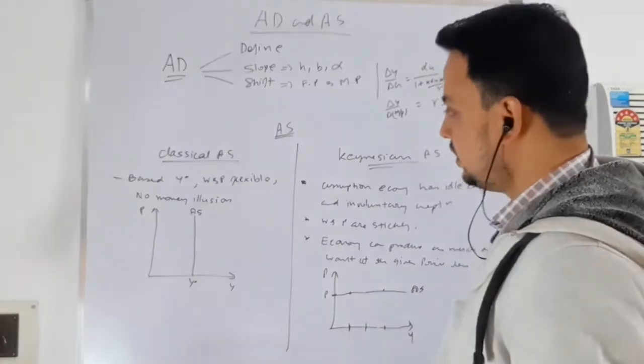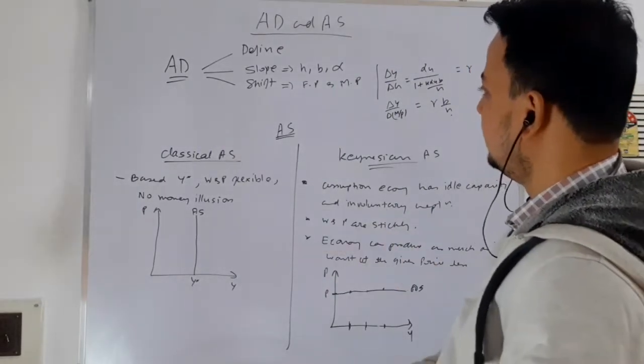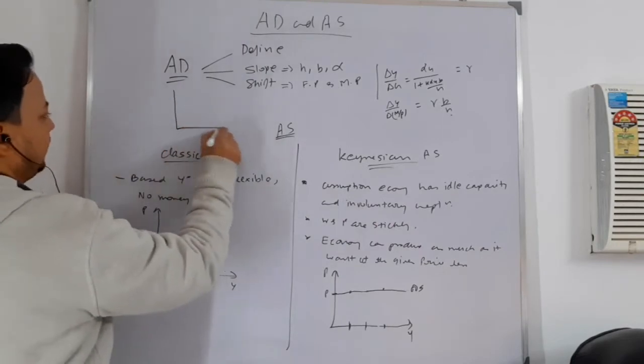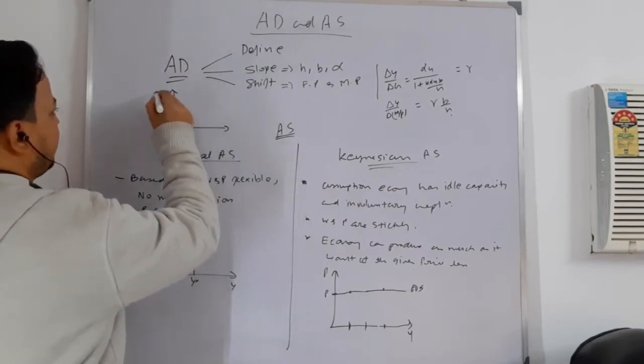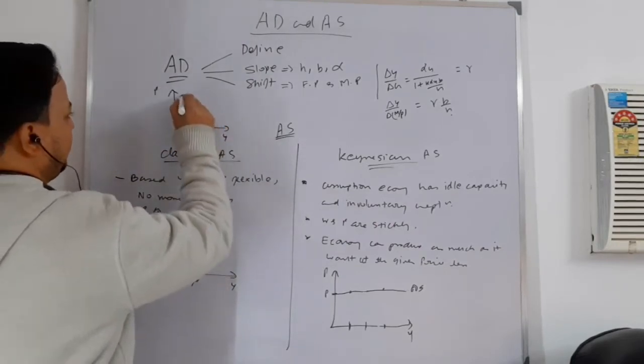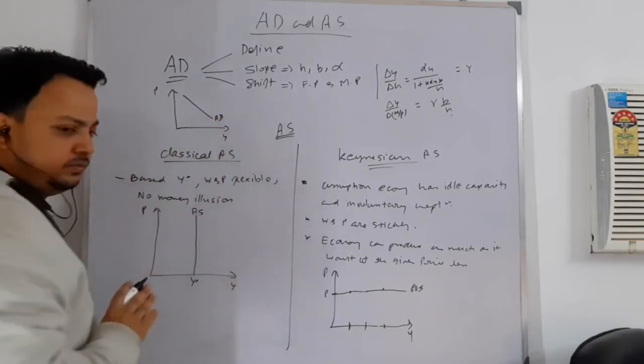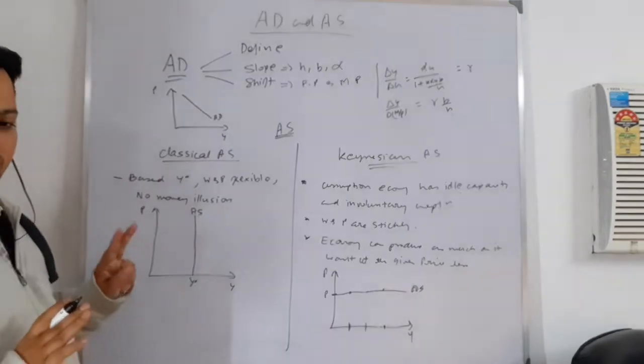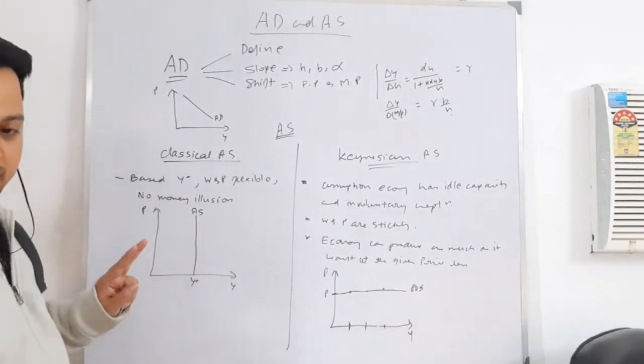Given these two kinds of aggregate supply, we know that in the case of aggregate demand, our demand schedule with respect to price is downward sloping. It shows the combinations of price and output at which the goods market and money market are simultaneously in equilibrium.